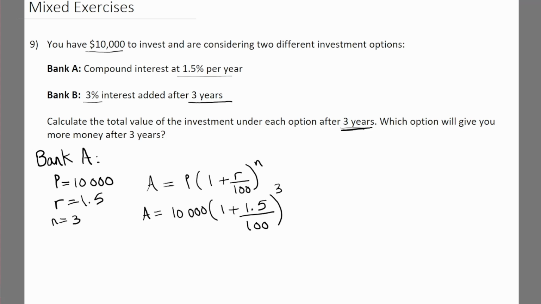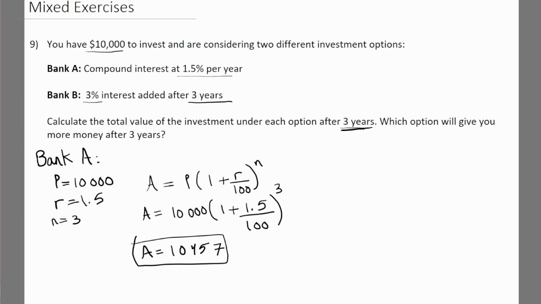We write those down, add them on the calculator, and we get that the final amount after 3 years is 10,456. I'm just going to do this to the nearest dollar, 10,457. So this is the final amount after 3 years with Bank A.